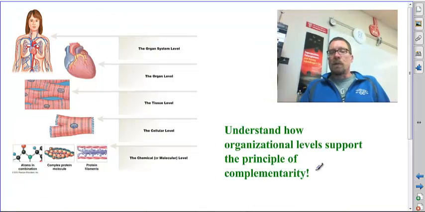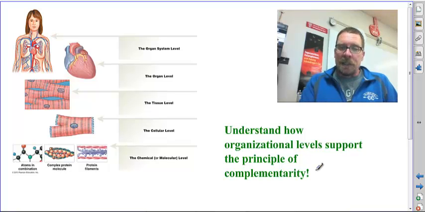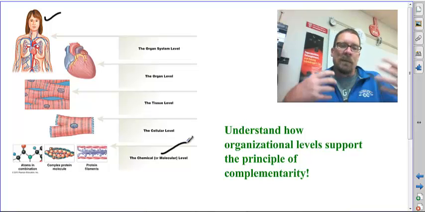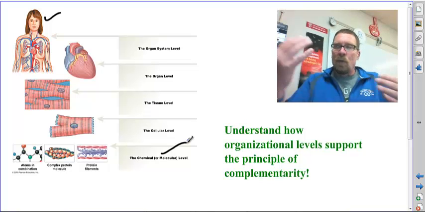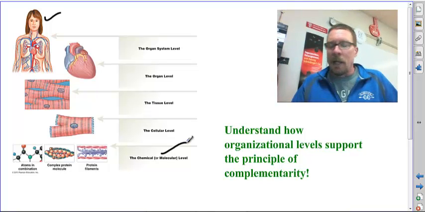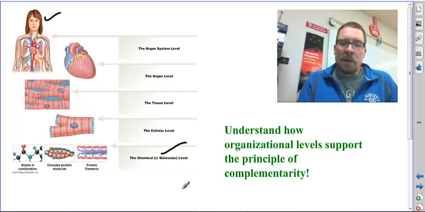Okay. The other thing with the principle of complementarity that may help you as we go through our systemic look at anatomy is to constantly think not just at the organism level, but really start at the chemical level. If I want to understand this structure, and I don't want to get all too confused when I'm trying to figure out tissue layers and how did it develop, and how does it provide this function, how do the proteins work in this, how do the carbohydrates, how does all of this stuff come together to provide a function for that system, think principle of complementarity and start at the atomic level.